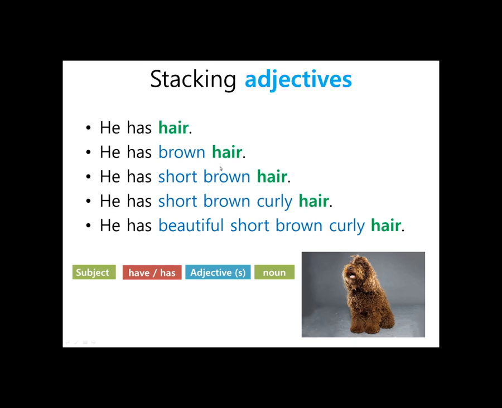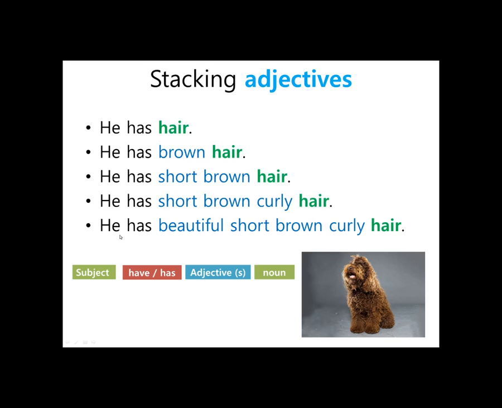So here we have more than one adjective to describe the noun. Okay, so we are stacking the adjectives. Let's have a look at the next one. He has short, brown, curly hair. So this is 3 adjectives describing our noun.